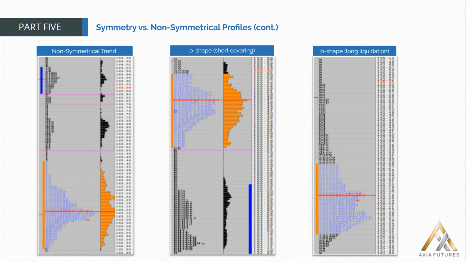Now, the important thing to note is that this lack of symmetry creates very good opportunity for us. So by that very token, non-symmetrical trend days are fantastic opportunities, and you should be capitalizing on them. Not to worry though, we will spend a lot of time talking about trend and how you can develop strategies based purely on simple non-symmetrical profiles.